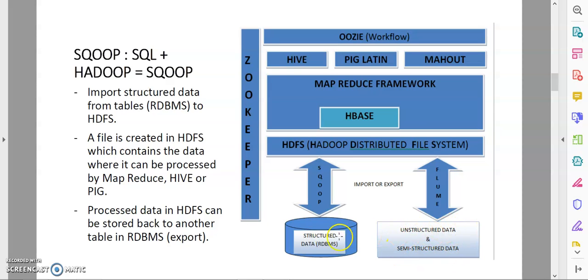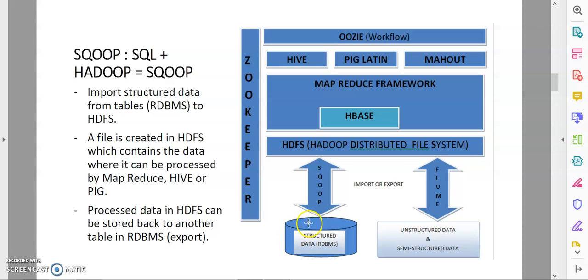In order to extract data from a structured database, you need to use Sqoop, which is SQL plus Hadoop, so it becomes Sqoop. You can remember it as an ice cream scoop, where you extract ice cream from the ice cream tub.